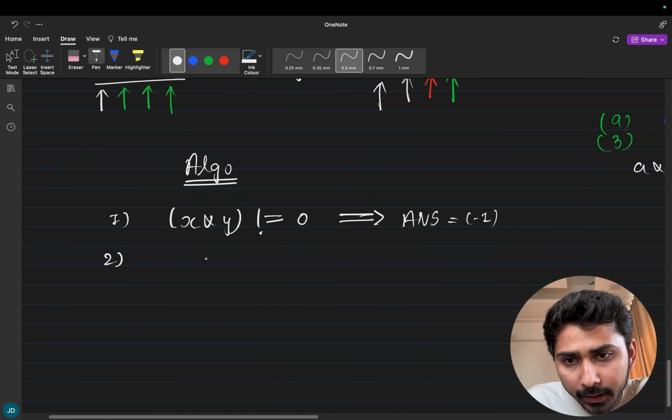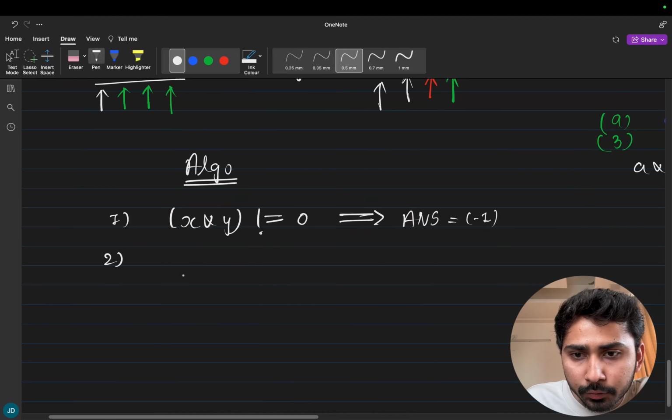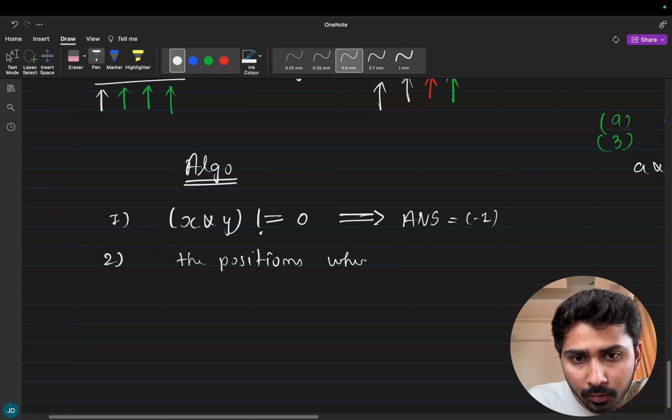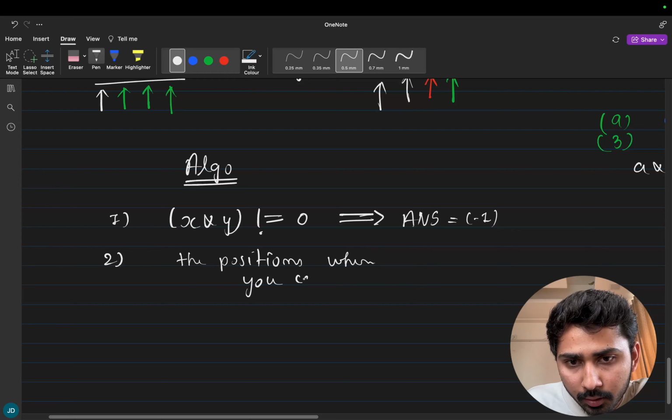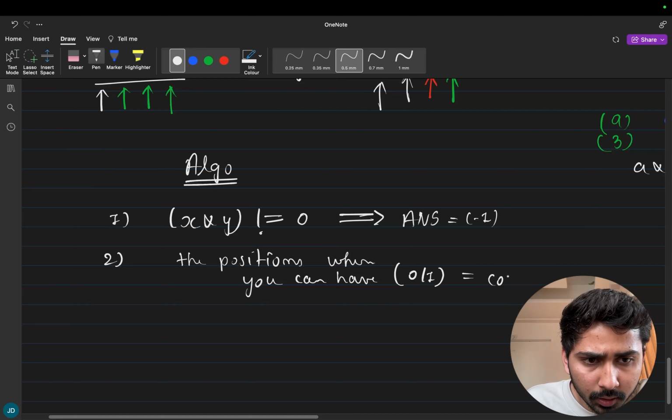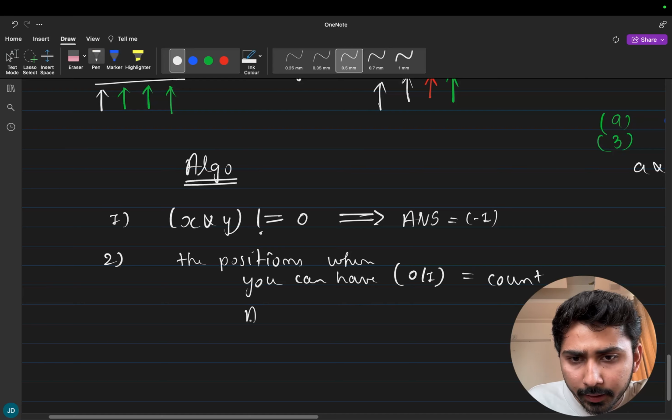And if this is not the case, then you are supposed to find out the count, or let's say the positions where you can have 0 or 1, meaning two possibilities are there at the ith position. Let's keep it as count, and in that case your answer will be 2 to the power count.